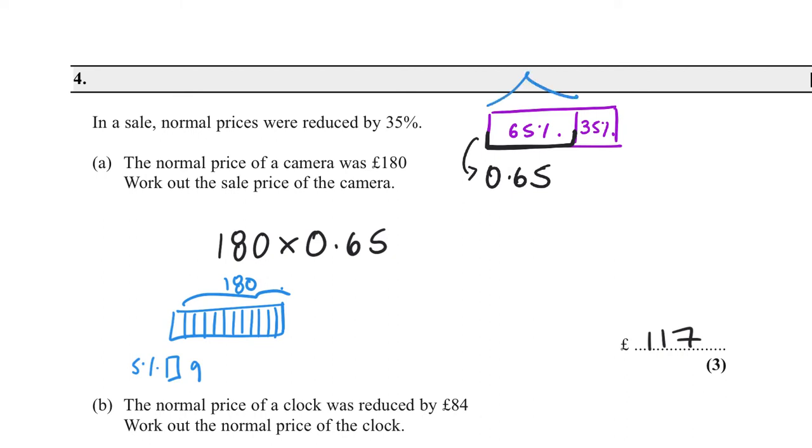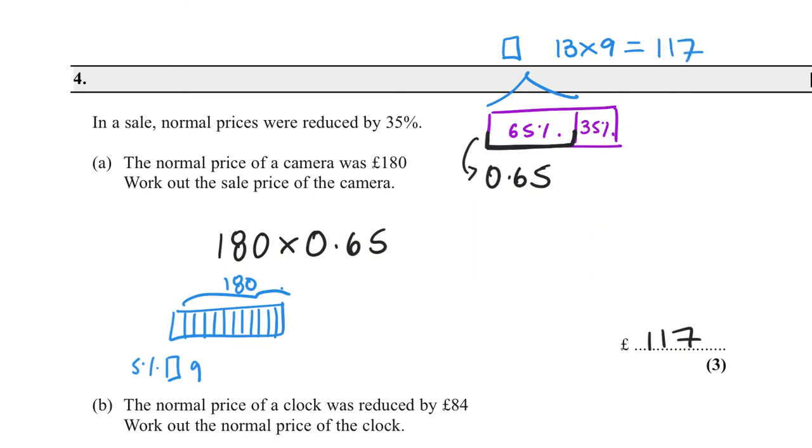How many 5% boxes in 65%? 13. So there's 13 5% boxes. So 13 times 9 is 117. There is also another way. It's really simple. Okay, and there's even another way.